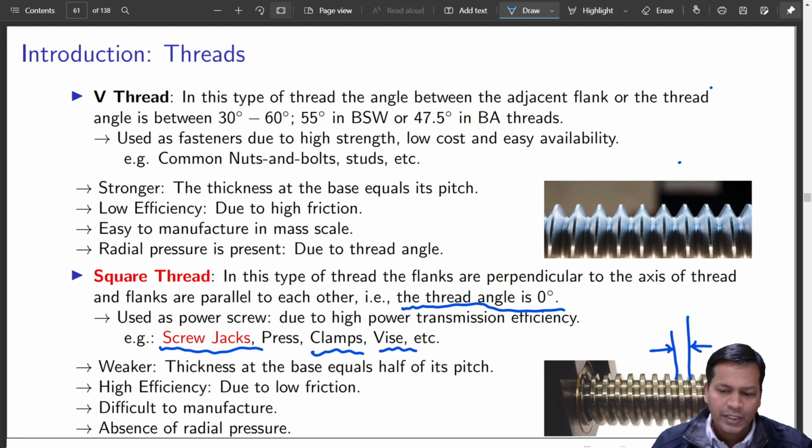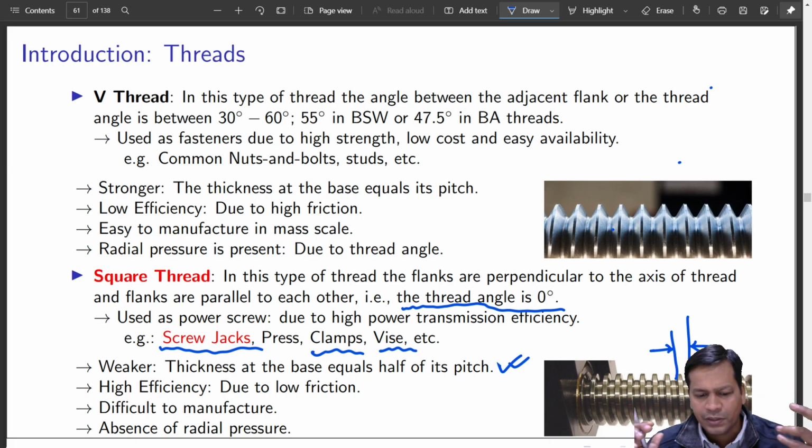So that is why its thickness is a little less as compared to a V type of thread, and that is the reason comparatively, with the same diameter and the same material, this is a little bit weaker. And they have high efficiency because of low friction, but it is difficult to manufacture using standard techniques.